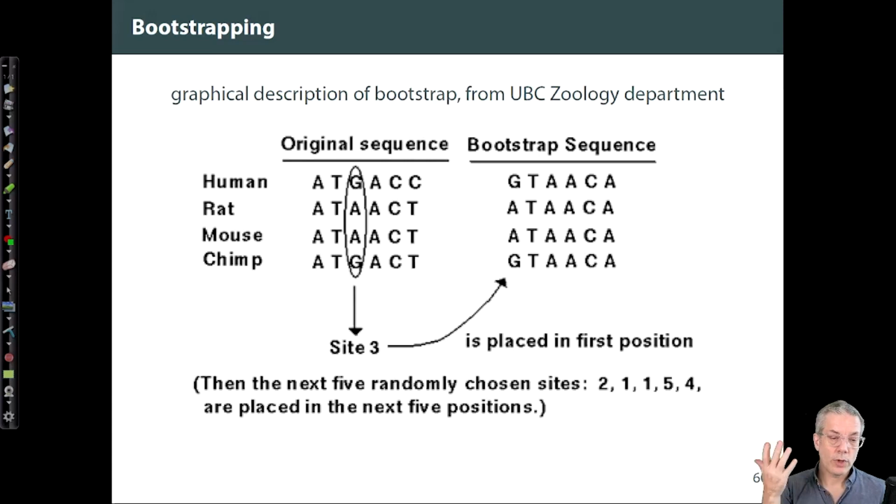When we create a bootstrap sample, what we do is we randomly draw 6 characters. So we draw a character and it becomes a character here, and we draw a second character, maybe the same one, and it becomes another here. So in this case, the first thing we draw is character 3, right?